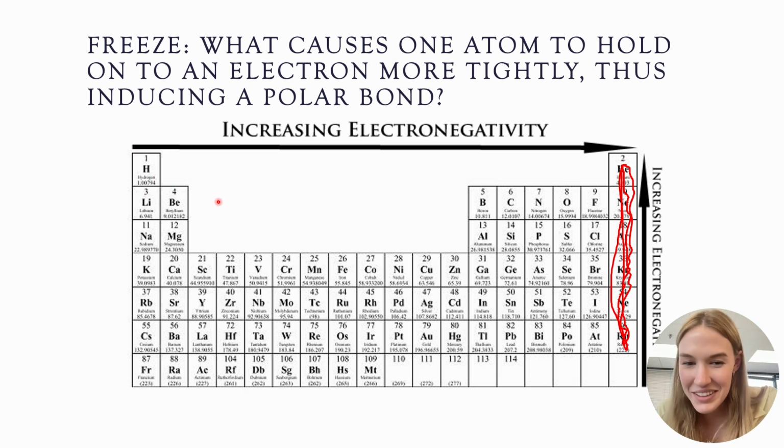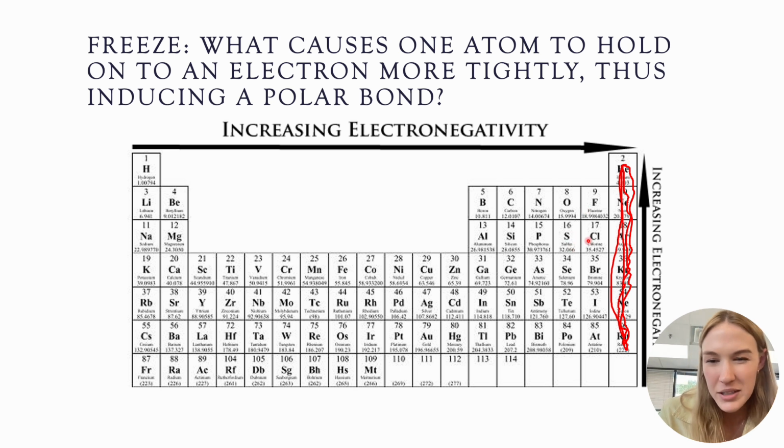Again, never fully gives it up, but it's holding on a little bit less tightly. Same with carbon, right? These are our biologically relevant atoms, and these two are not so electronegative, so they don't really try to tug on the electrons any more than the other ones. But nitrogen, oxygen, and fluorine, very electronegative. Sulfur and chlorine, pretty electronegative.